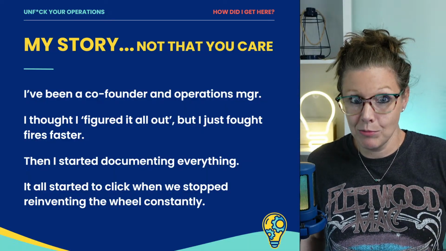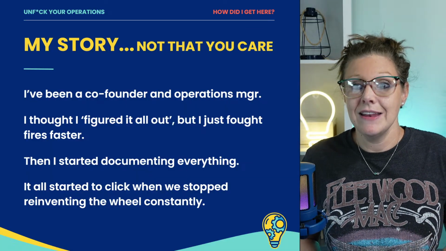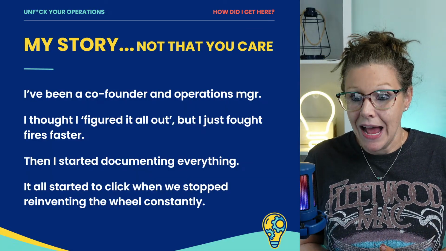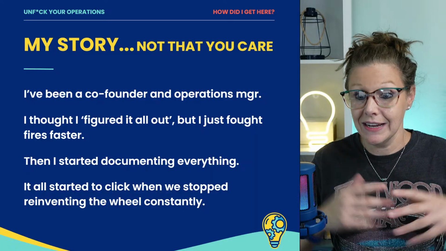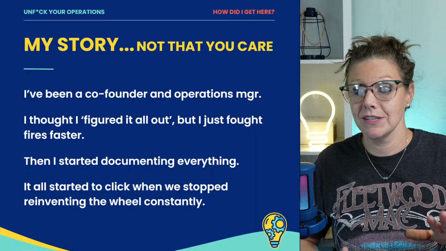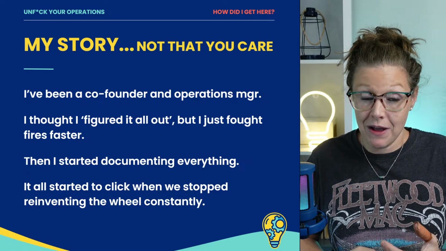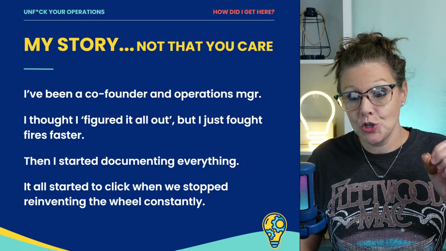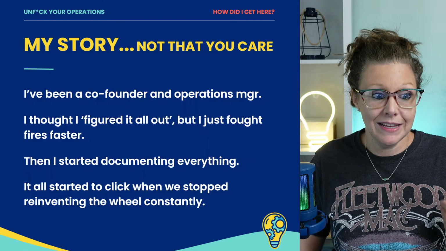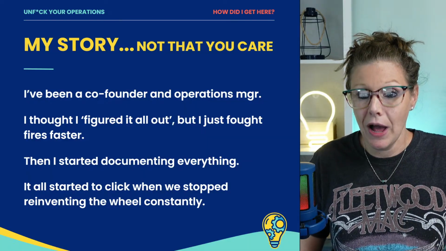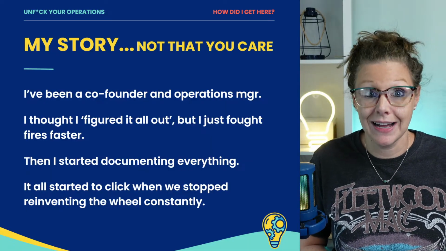I built a scalable project management system that could run whether I was there or not. Now I lean into ClickUp to turn everything in my systems brain into automations, dashboards, and repeatable templates. So 2 years ago, I finally found a way to eliminate the chaos instead of just organizing it in a better way. And I will be completely blunt with you. It was not easy.